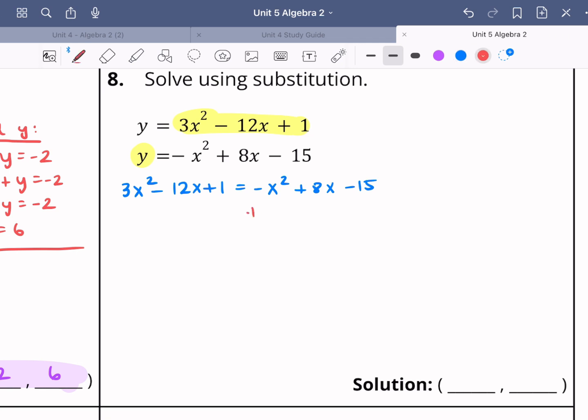So I'm going to choose to add x squared to both sides. You could just as easily subtract 3x squared instead, but then you're going to have to deal with a negative a value, and it's just a little messier than is necessary. In one step, I'm also going to go ahead and subtract 8x from both sides and add 15, so that all of these cancel out on the right side.